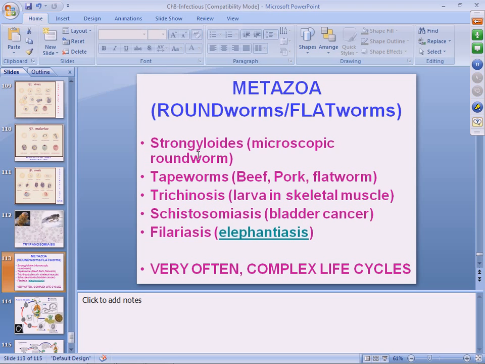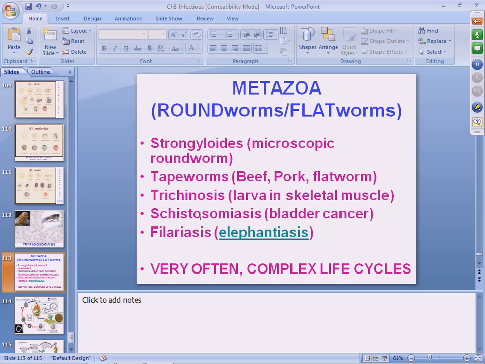Know that Strongyloides is another one. Know that all of the tapeworms are in the phylum Platyhelminthes, platy being the Greek word for flat, because they're all flatworms. And they're either going to be from beef or pork, most likely. They could come from a fish or be that dwarf tapeworm.